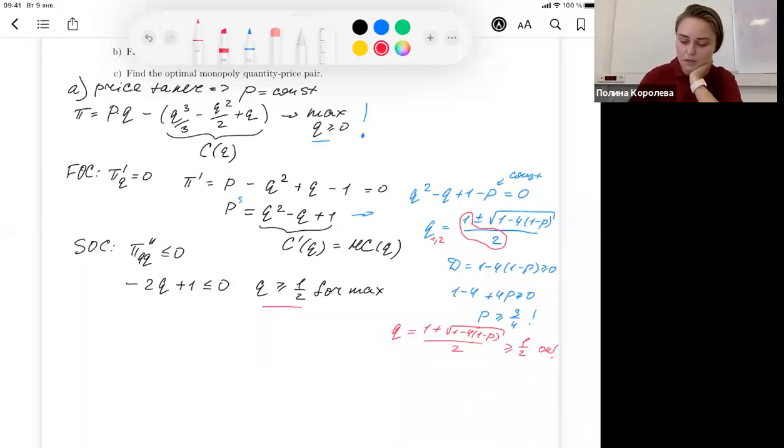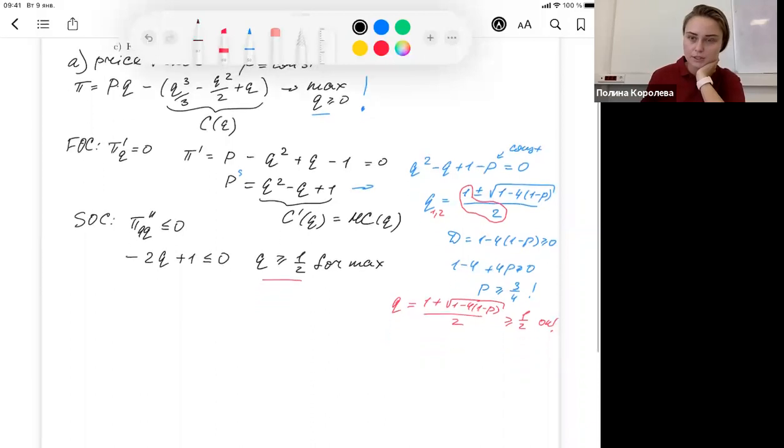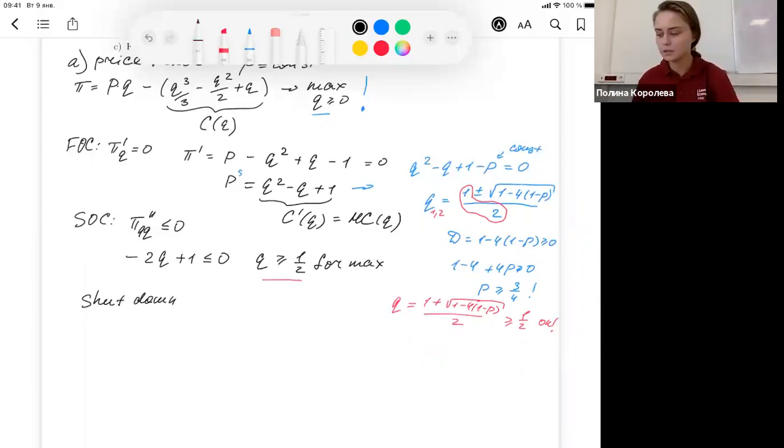Then the last condition that we should check is the shutdown condition. What does that mean? Even if we have a quantity that we want to produce, maybe in some situations this quantity will bring us profit less than 0 and very big losses.